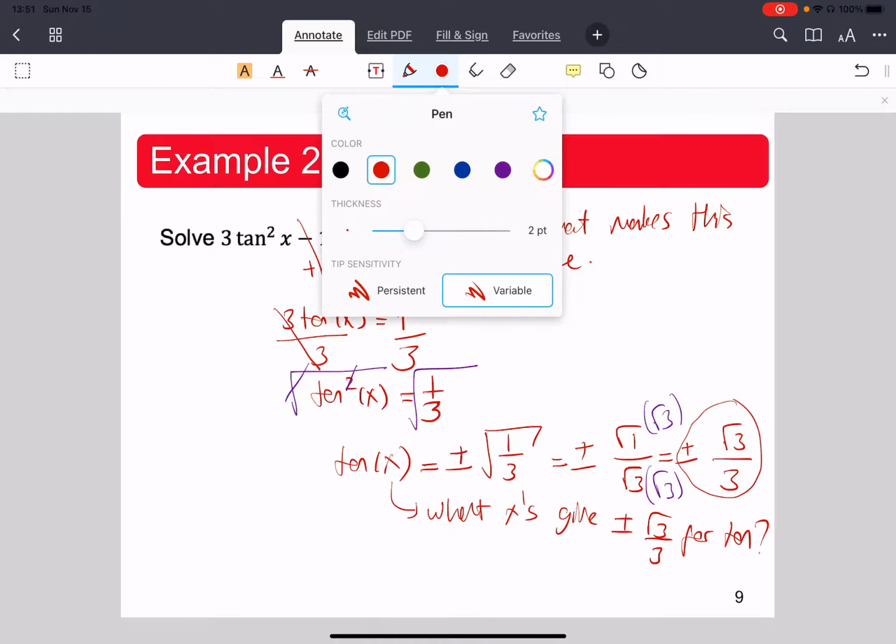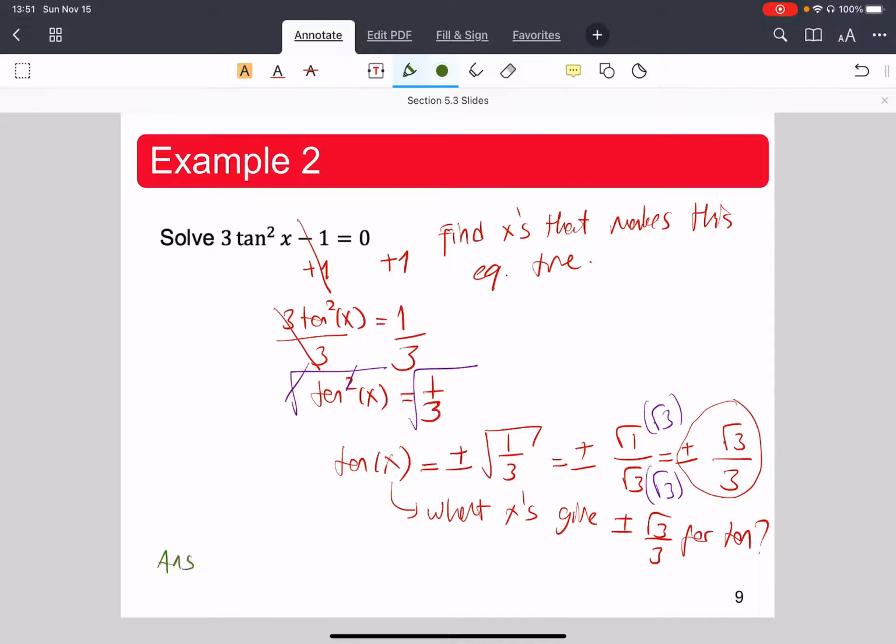So then I'm going to write my answer as, there's going to be two solutions. One, I'm going to call it x1. It's going to be pi/6 plus pi times n. I'm adding this piece because tangent has a period of pi.